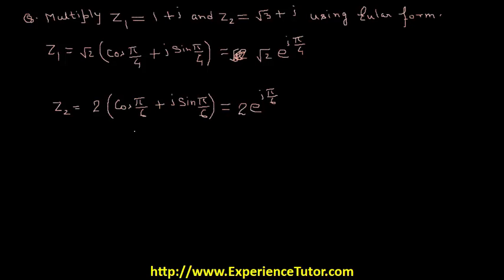Therefore, if we multiply z1 and z2, we'll get 2 root 2 e to the power i common, pi by 4 plus pi by 6.